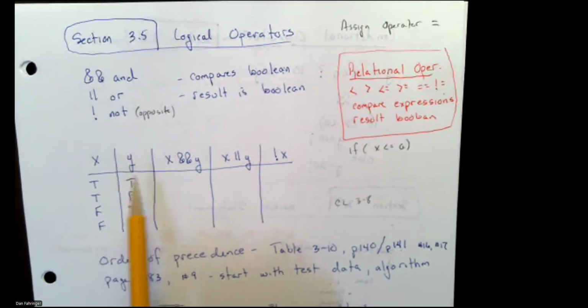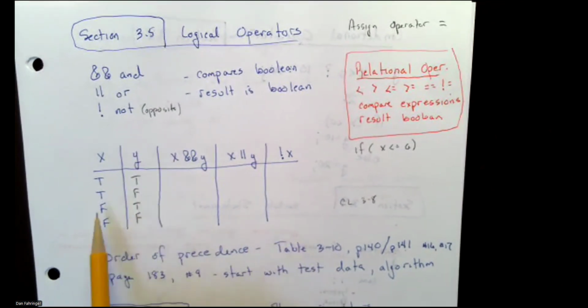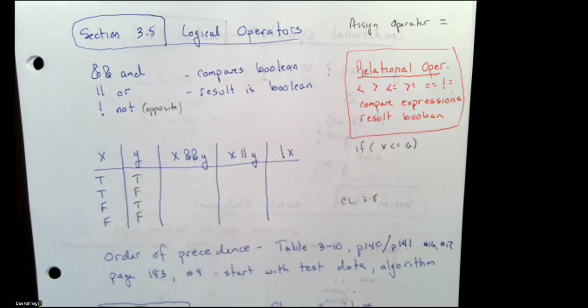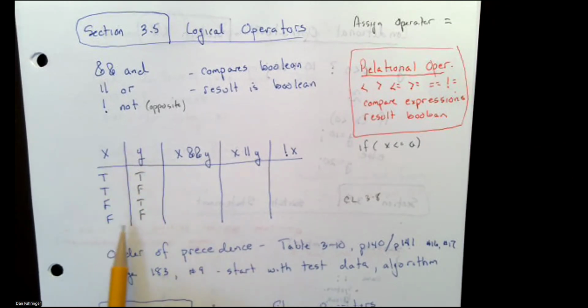So now I have a true and a true, true and a false, false and a true, false and a false. If you take CPS 230 with me, we get into a whole bunch of Boolean algebra and a deeper look at how it comes into play in computer science. All right, so these are truth tables.